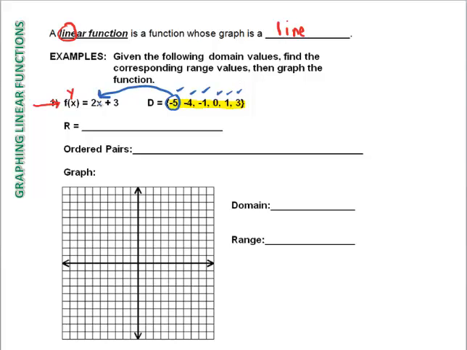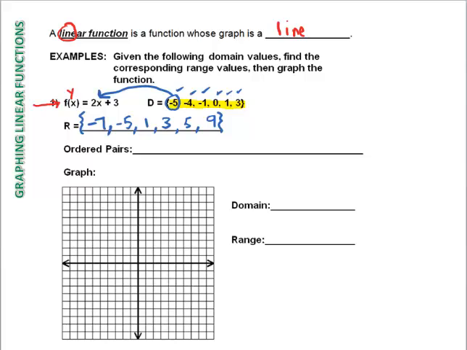If I take -5 and put it in for x, 2 times -5 is -10, plus 3 would be -7. -4 times 2 is -8, plus 3 would be -5. -1 times 2 is -2, plus 3 is 1. 0 times 2 is 0, plus 3 is 3. 1 times 2 is 2, plus 3 is 5. And then 3 times 2 is 6, plus 3 is 9. And remember, we always write these in set brackets, and that's your range.